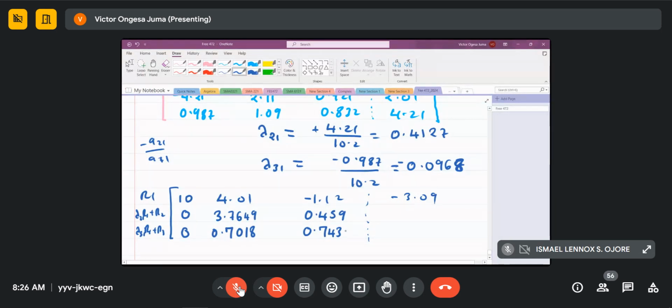Yeah, but column 2, row 3, I'm getting 0.886. Which one? This one's written 0.7018. The others, what are you getting?